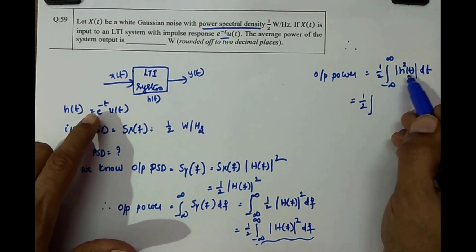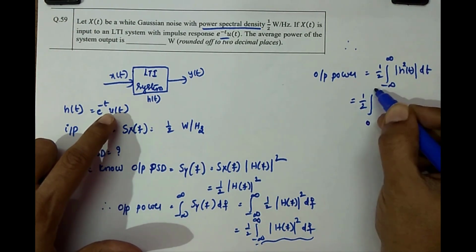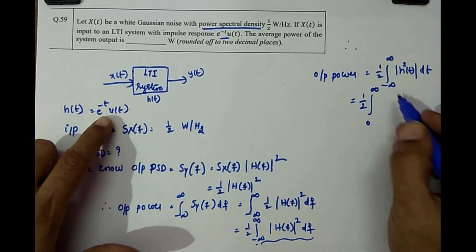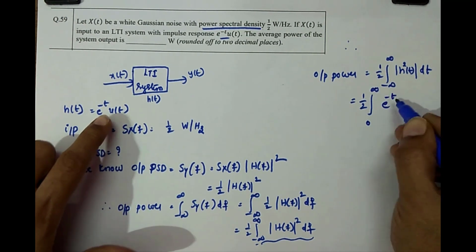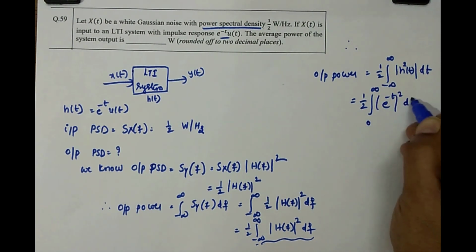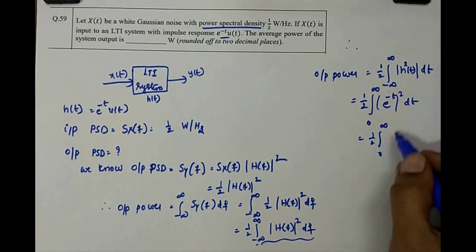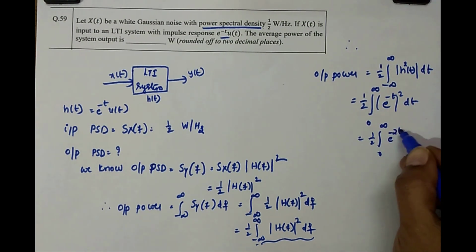So when you are doing for h square of t, as it is a unit step function, the limits will be 0 to infinity and the function is e power minus t, okay, whole square dt. So it is nothing but half into integral 0 to infinity e power minus 2t dt.